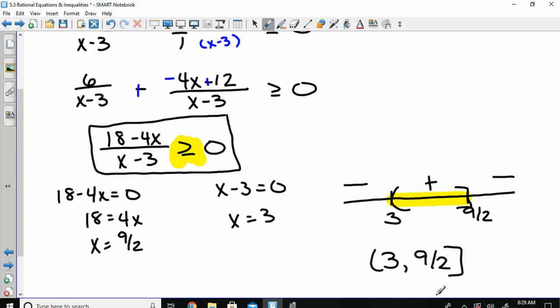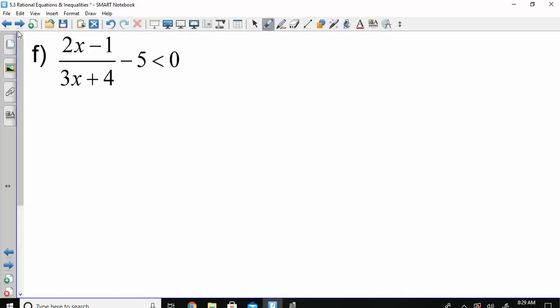I'd like to do maybe one last example and then give you guys time to work. So I already have this equal to 0, but what do I need to do?